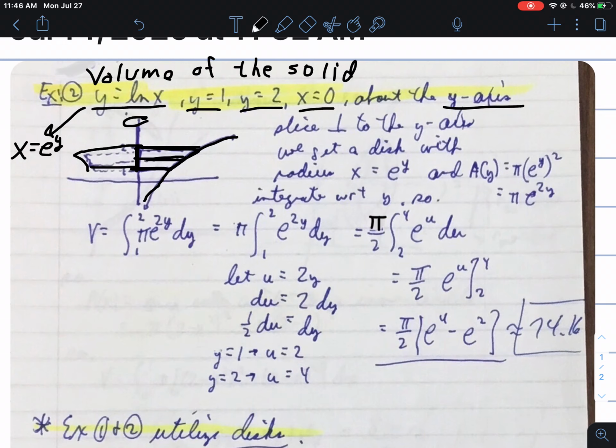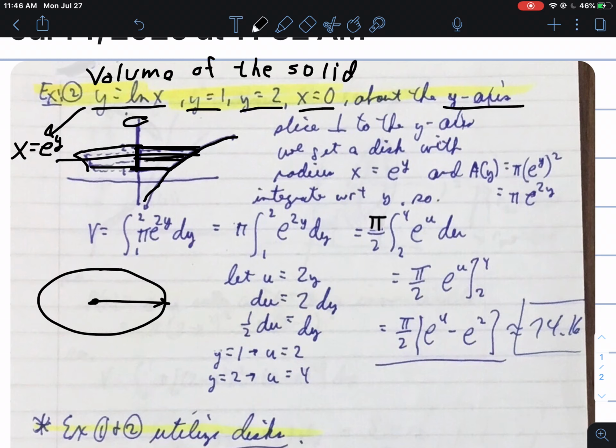So we slice perpendicular to the y-axis in this case. This time my slice is this way, so here I'm looking at a circle. If the y-axis is here, and I slice horizontally perpendicular to the y-axis, I need to know the radius of this circle.